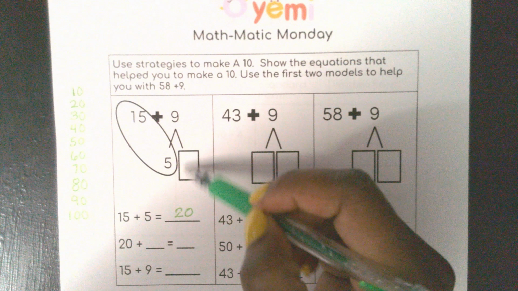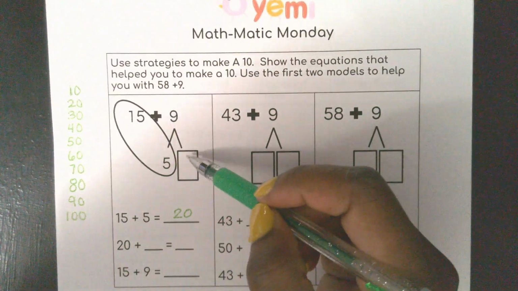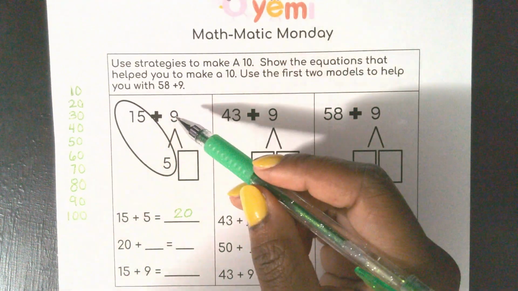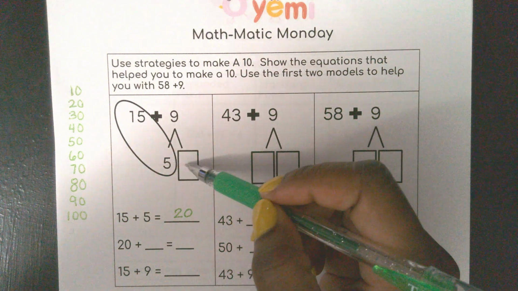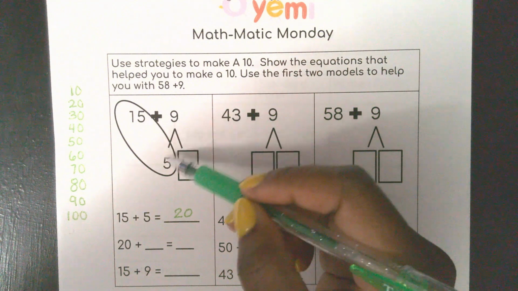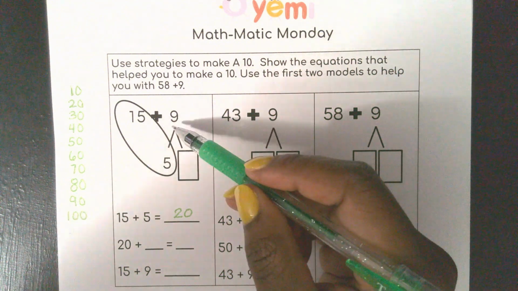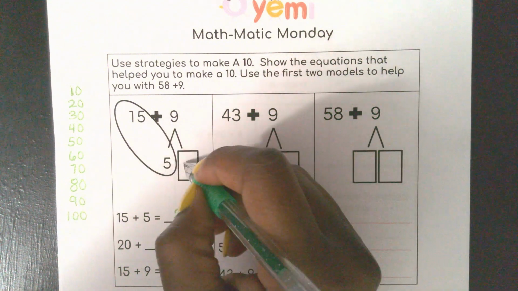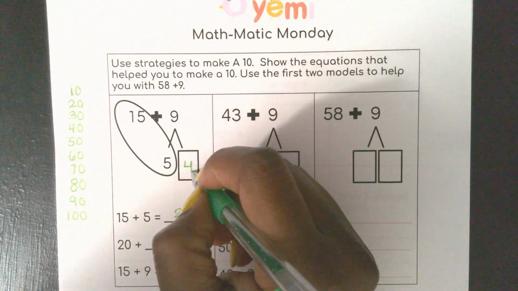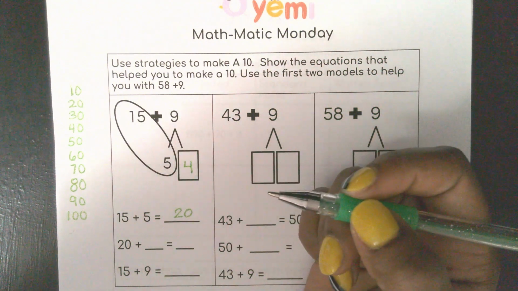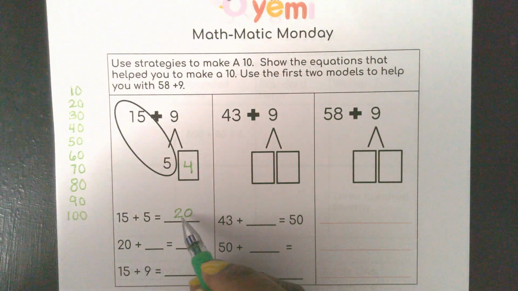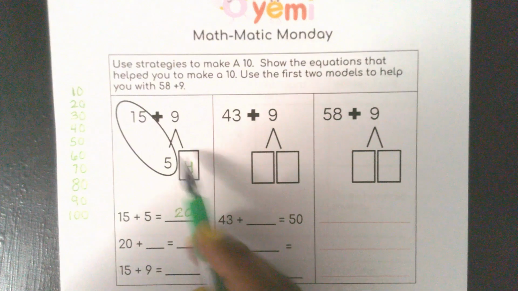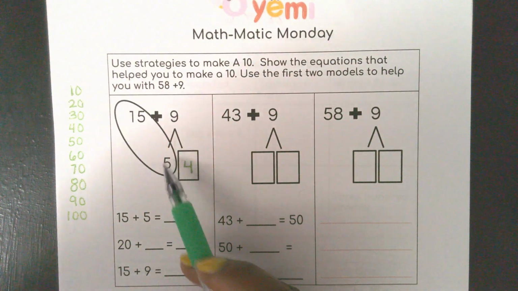How much more do I need over here to make 9? 9 plus what? 5 plus what equals 9? 5 plus what equals 9? I need 4. So here I made 20 by pulling 5 out of 9.